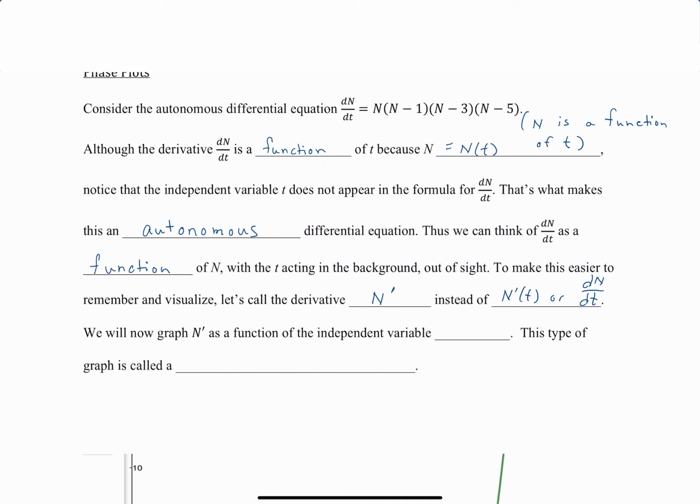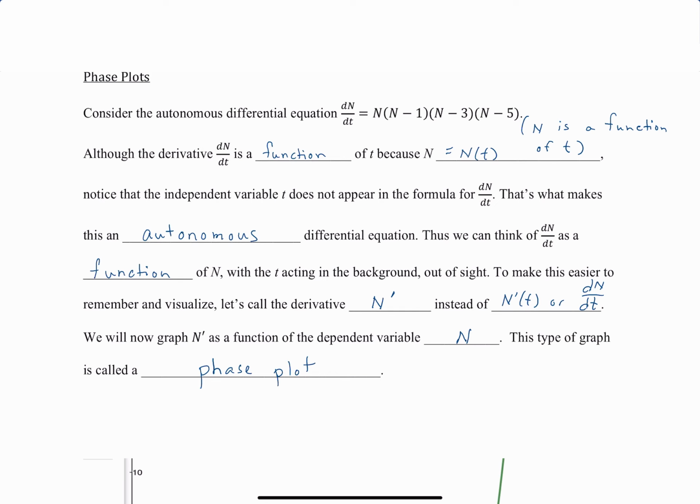We will now graph N prime as a function of the dependent variable N. This type of graph is called a phase plot. Here's the graph of N prime.